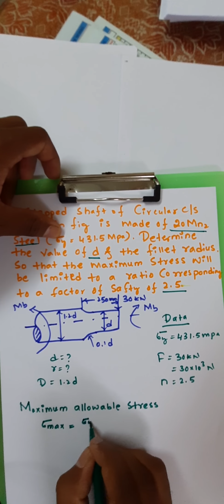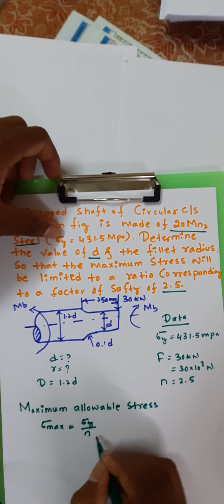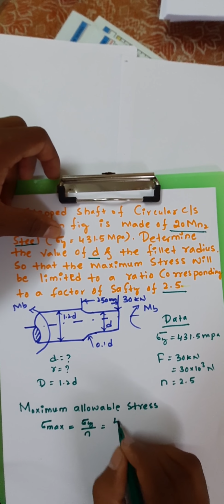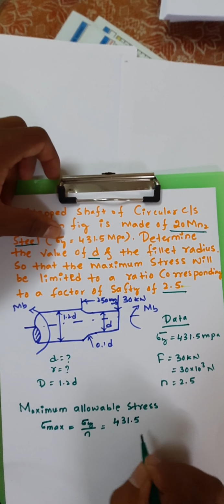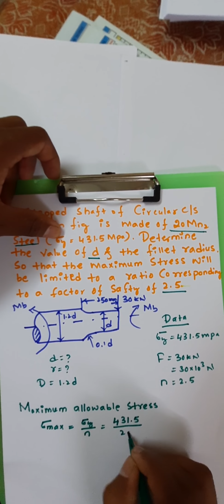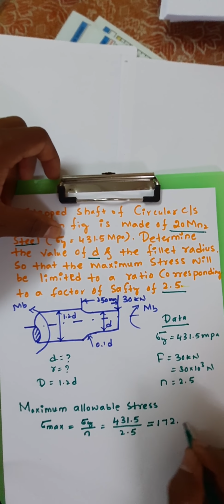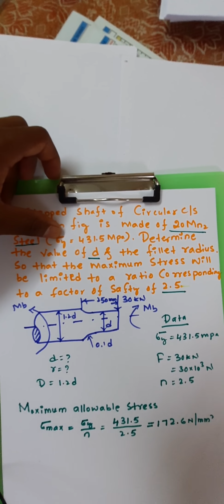Yield stress divided by factor of safety n. That is equal to 431.5 MPa divided by the factor of safety 2.5. If you simplify that, you will get 172.6 Newton per mm square.